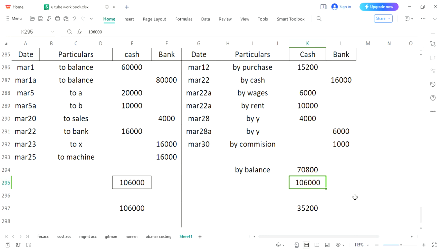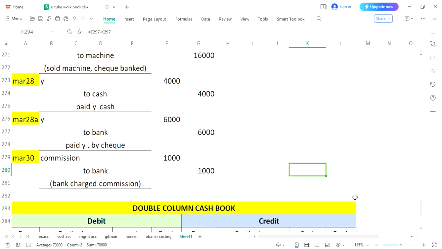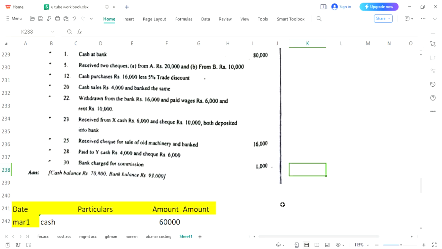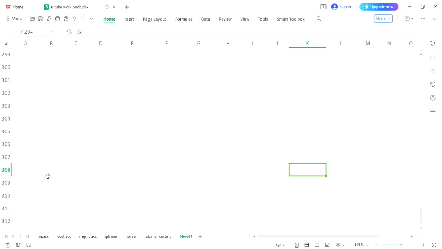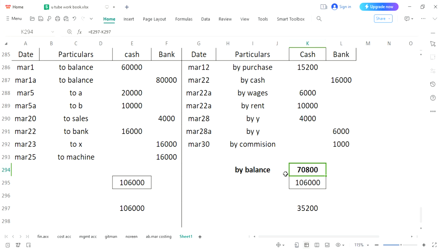So guys, in this way the cash balance is completed. Please note it down: 70,800 is your cash balance, and here our answer is also 70,800. In this way, the cash side has been completed.